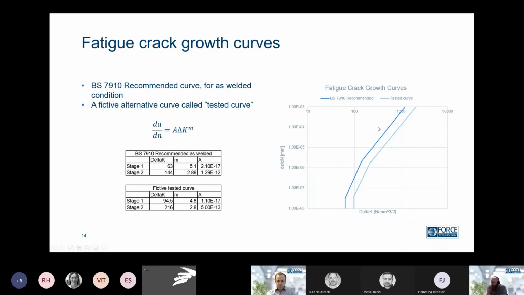So it's just to show the difference and the possibility to actually use curves that we obtain from testing. The relationship between the fatigue crack growth and the delta K is shown here, where da/dN is equal to constant A times delta K to the power of m. And m is the slope of the curve, you could say.